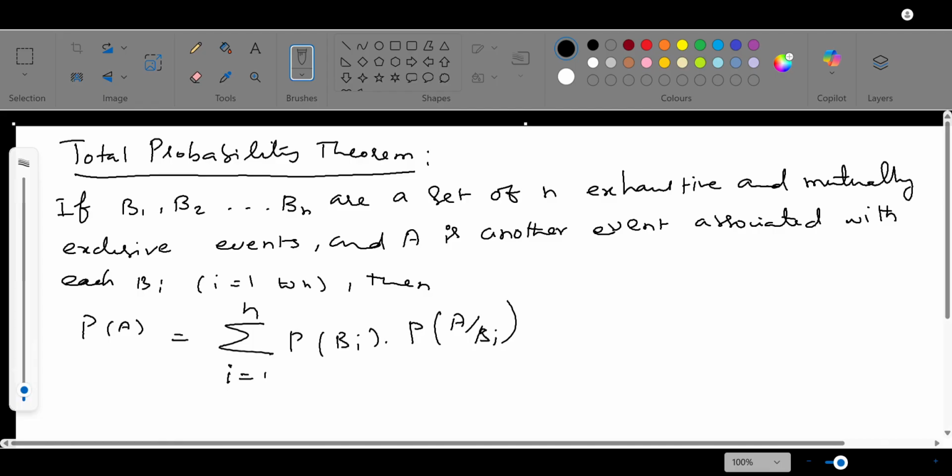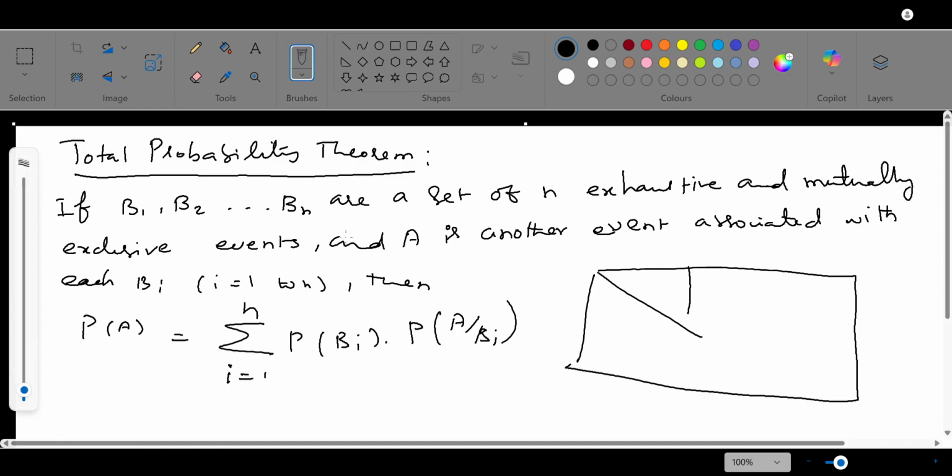So how we can explain this theorem: B1, B2, B3 are all n exhaustive, mutually exclusive events. When you consider the square as a sample space, we can take B1, B2, B3 up to Bn like this.